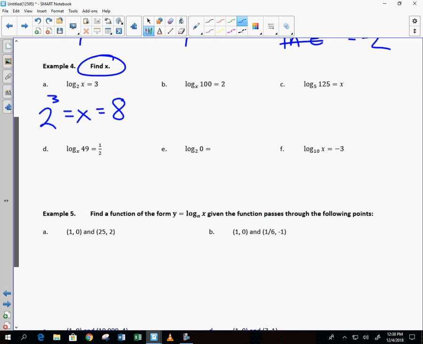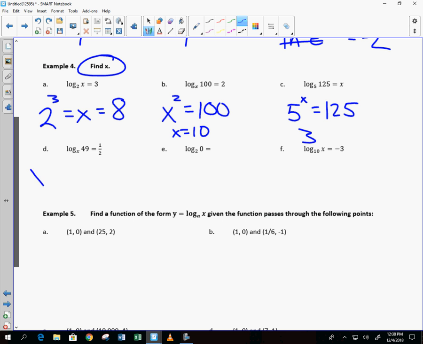Here we have a base of x. We have an exponent of 2 equals 100. What is x? 10. Here we have a base of 5. We have an exponent of x is equal to 125. What is x? 3.